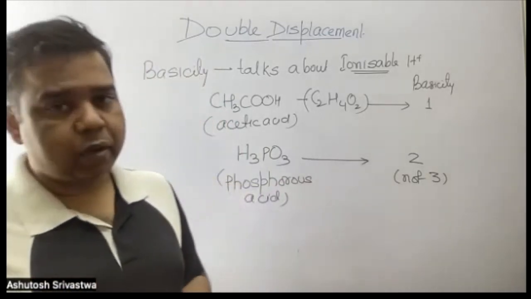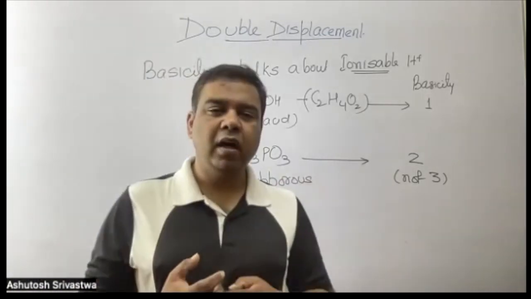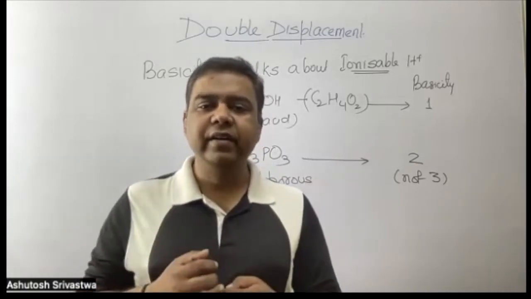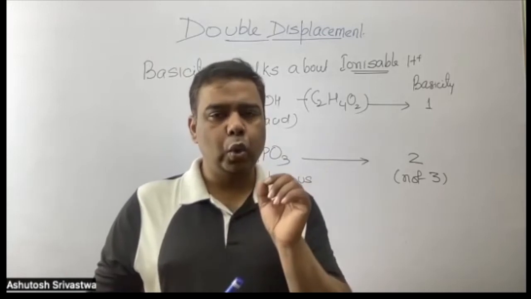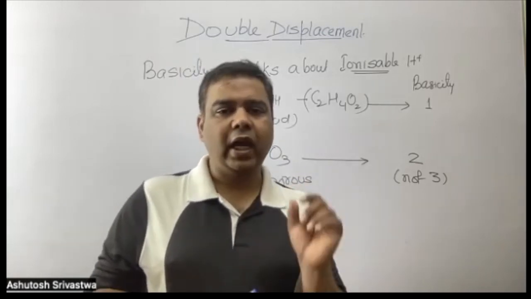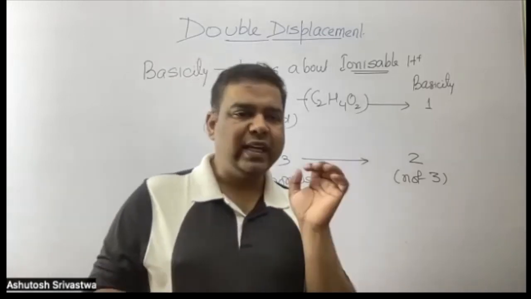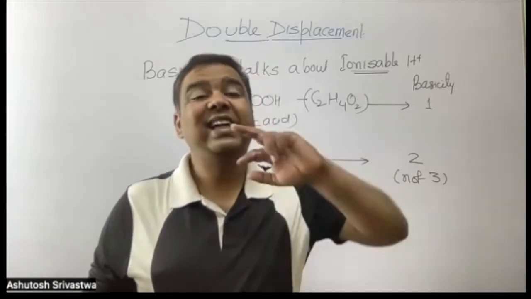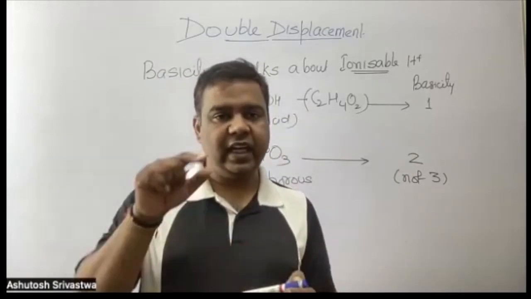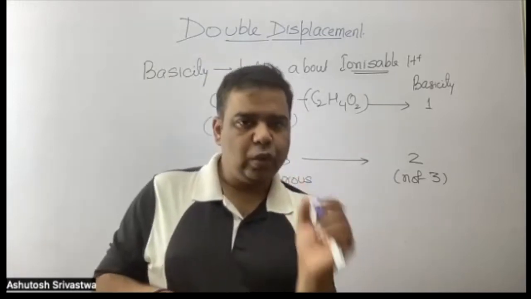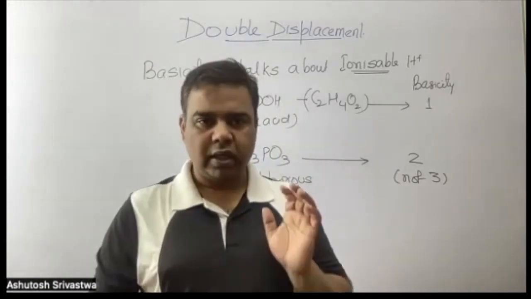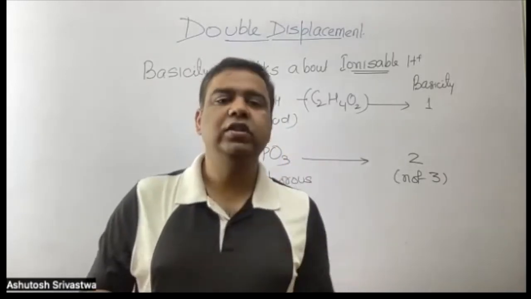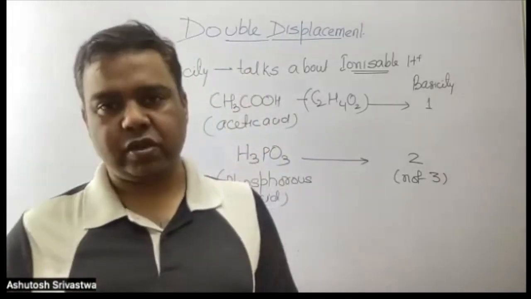It is very important, and there you will learn why the ic, ous, ide suffixes are used. Why hydrochloric acid, why chloride ion? Why nitric acid, why nitrate ion? Ate, ite, sulfurous acid, sulfite. There is a logic behind the naming of compounds and acids.